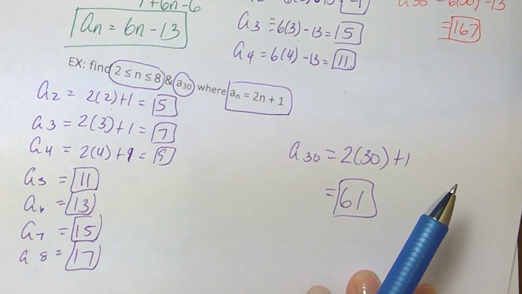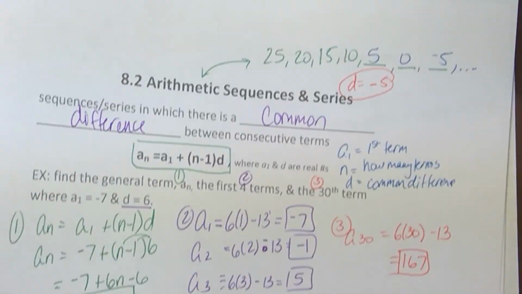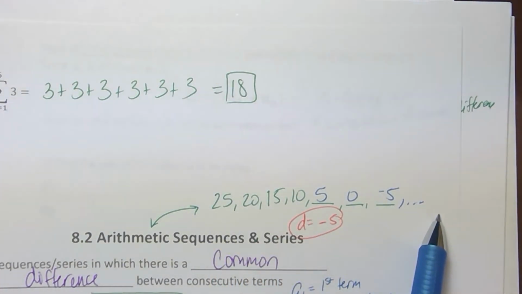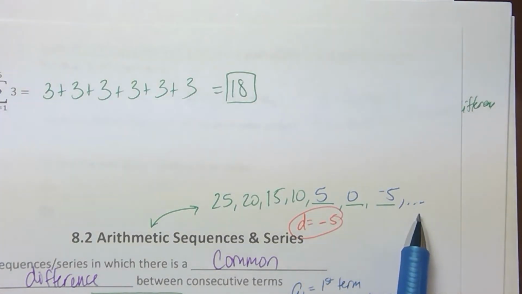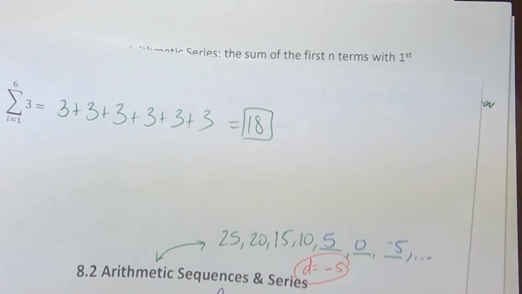Each term increases by 2, which means every time I add another term to my series, that sum is going to keep increasing. If I had a negative common difference, it's going to go to negative infinity. The terms keep getting smaller, and the sum is going to keep increasing in a negative direction.